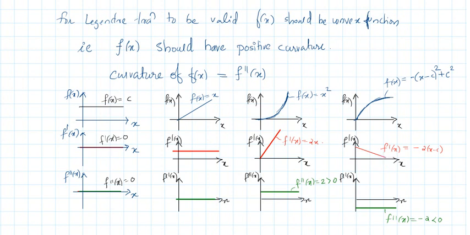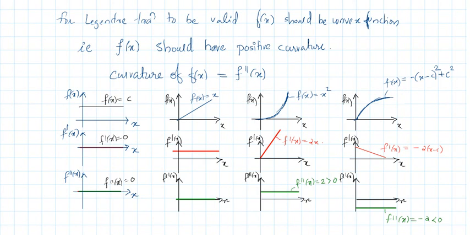If you take one more derivative, since it is a straight line slanting towards the left, the slope is negative and a constant value. So f double prime x is minus 2, which is less than 0. So this curve is opened down, so it is concave. The curvature is concave, so the second derivative is negative.